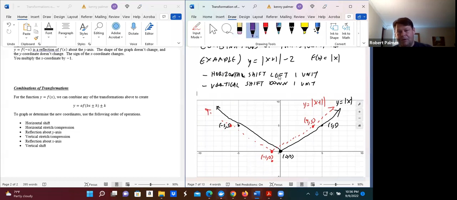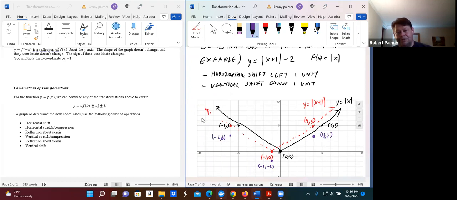Okay. So this one will go to negative 1, negative 2. This point will go to 4, 3. And this point will go to negative 6, 3.